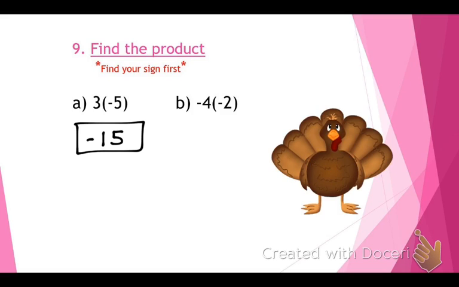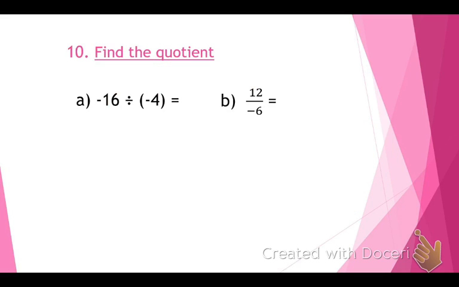Carlos, let's go ahead and find our sign first. Negative 4 times negative 2. Positive what? Good job, because anytime you have an even number of negative numbers, your answer will always be positive. Now remember, the rules are going to be the same exact way whenever you have division. So I want you to find the quotient for these two. Who wants to help me with problem A?